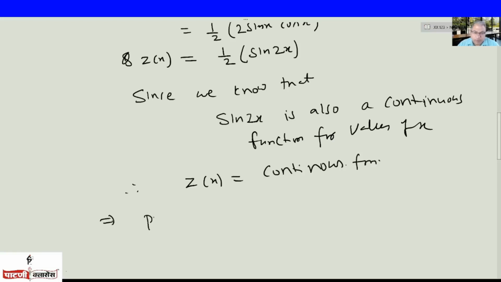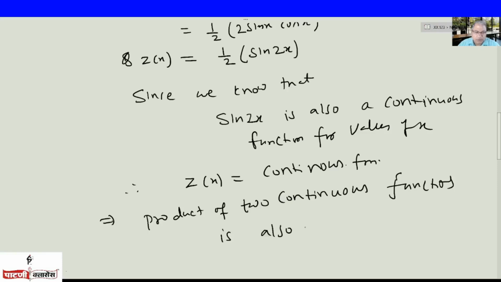This implies the product of two continuous functions is also a continuous function. Hence proved.